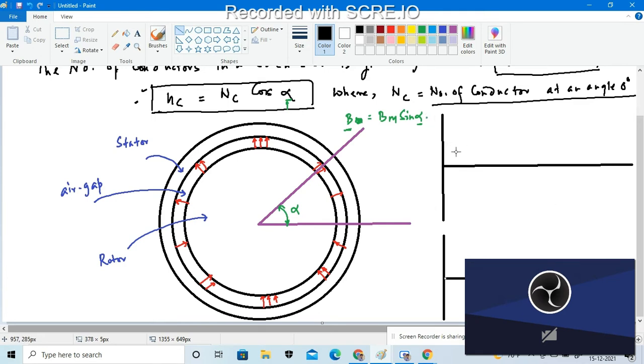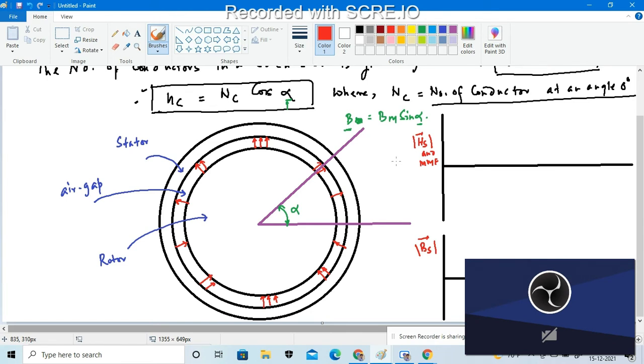This particular figure is considered for the Hs intensity vectors, the magnetizing intensity and the MMF, and this one is for the total magnetic flux density vectors.